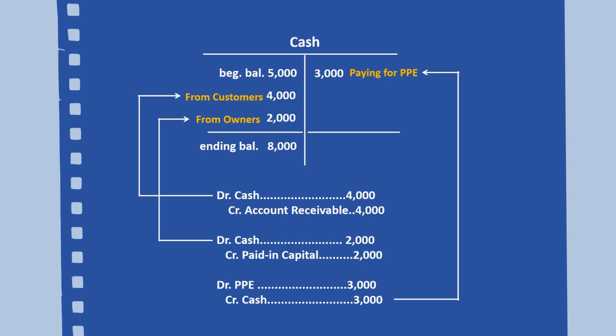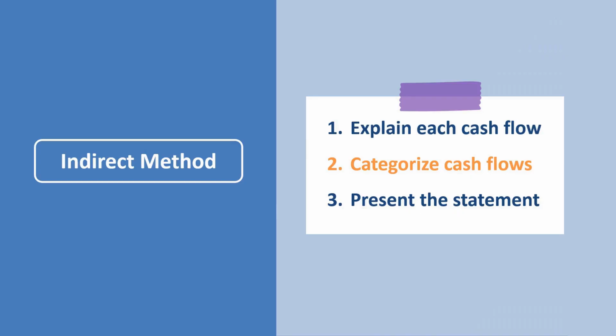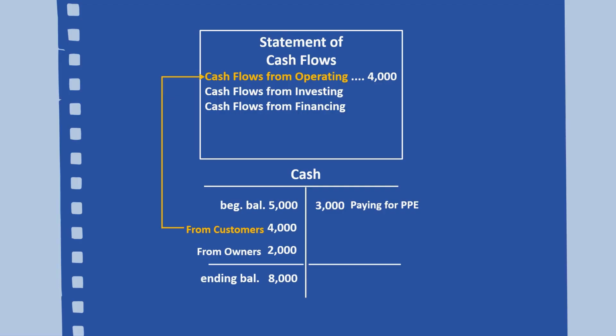These whys are crucial. After labeling these cash flows, we group them based on their reasons. For example, cash received from customers falls under operating activities, while money spent on equipment is categorized as investing activities. If we get cash from owners, that's part of financing activities.